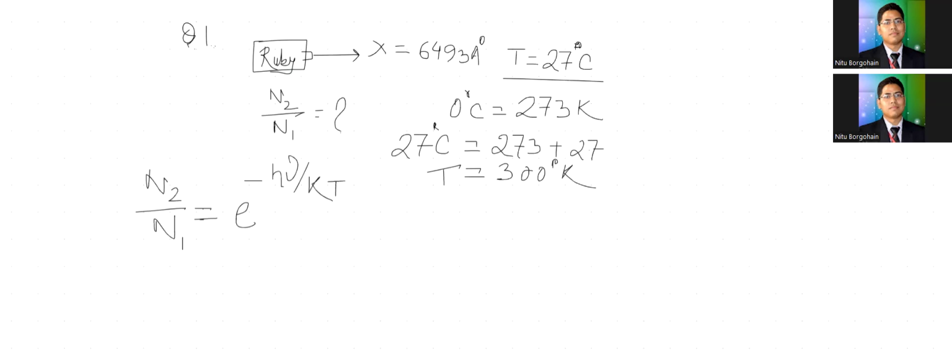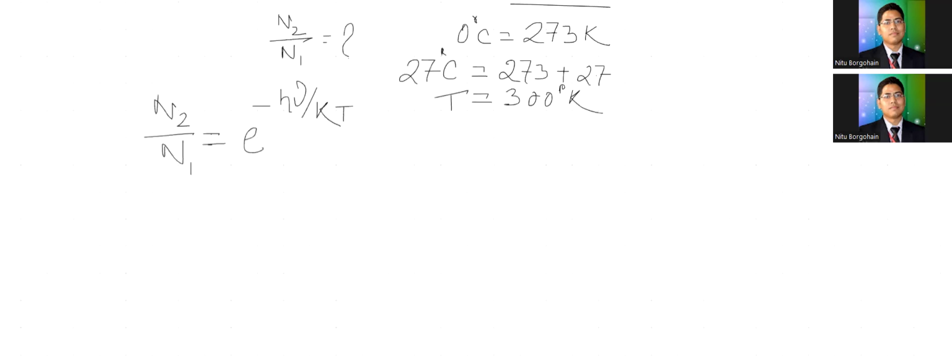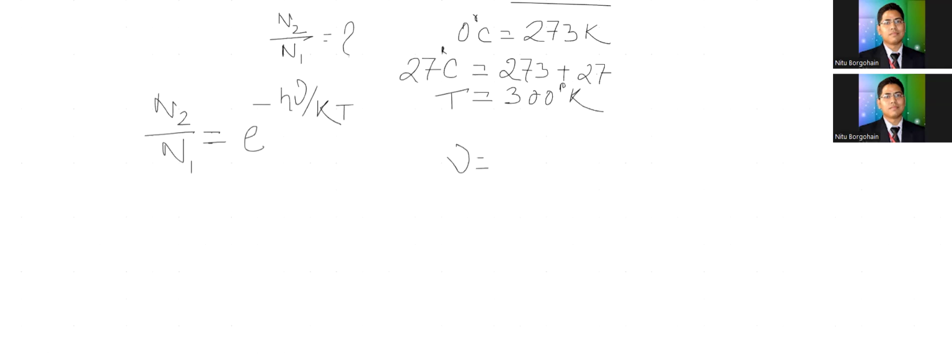As given, nu is nothing but c by lambda, where c is the speed of light and lambda is the wavelength. So we can rewrite this equation as exponential minus hc divided by lambda kT. If we put all these values here, then this problem can be solved.